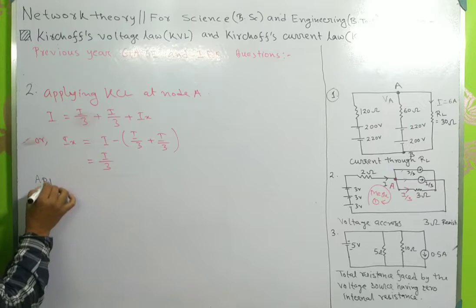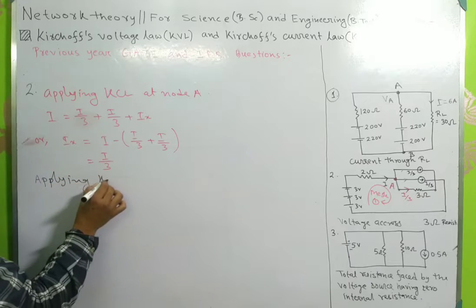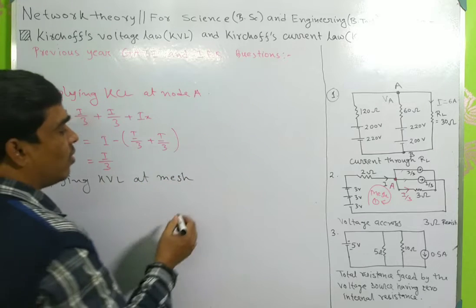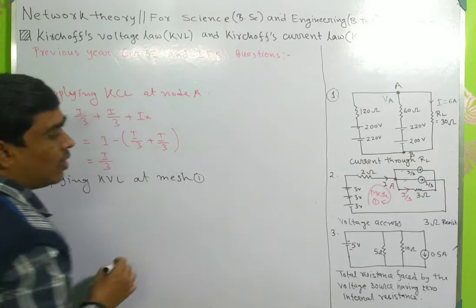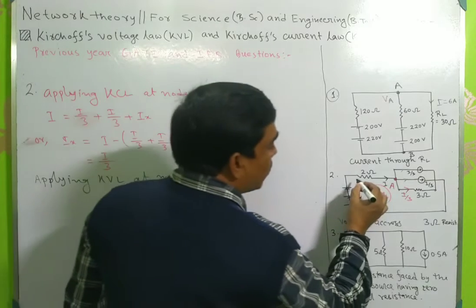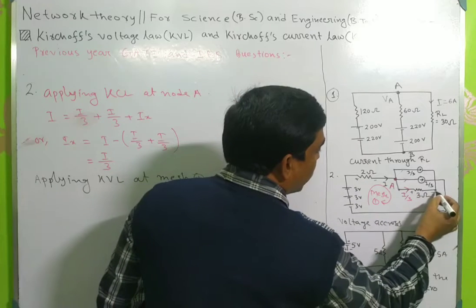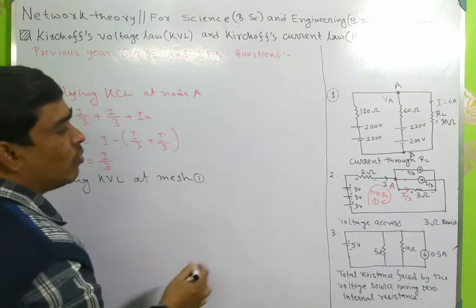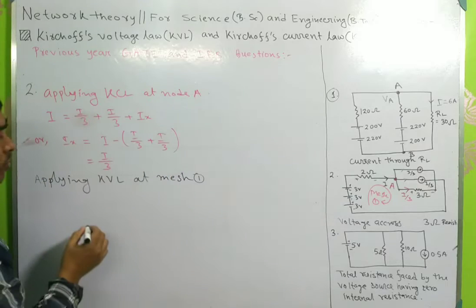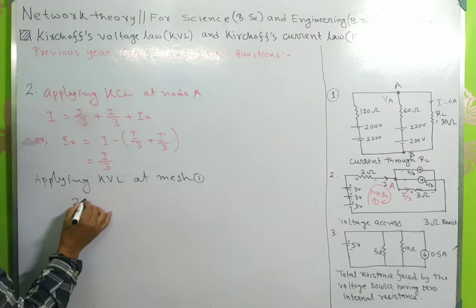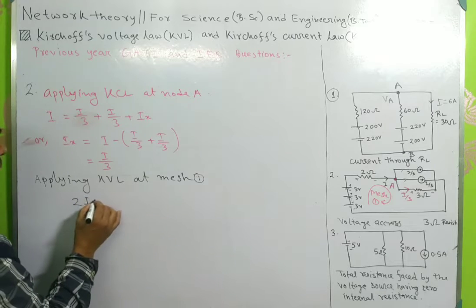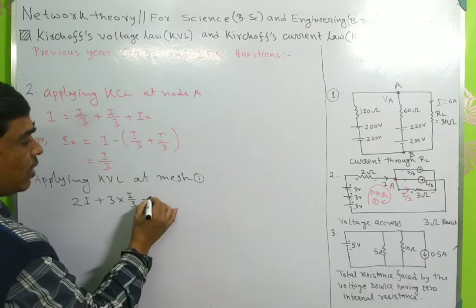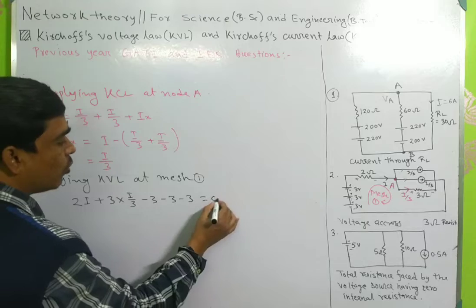Applying KVL at mesh 1, we get current flowing in this direction, with polarities plus and minus as marked. Starting from here, it will be resistance multiplied by current plus resistance multiplied by current minus 3 minus 3 minus 3 equals 0.